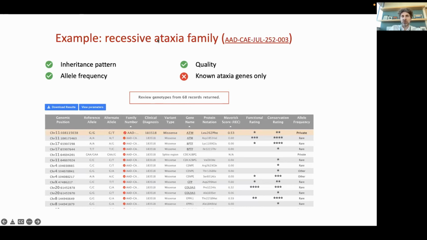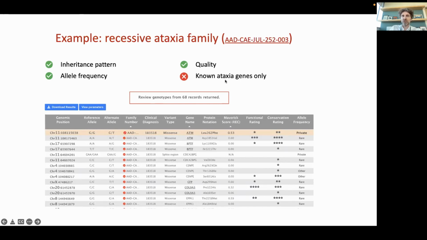Importantly, we know what the diagnosis is. For clinical testing, we would really focus on known ataxia genes. This is not a research study. In a research study, we are open-minded. Clinical diagnostic labs have to be more adherent to what is reasonable.